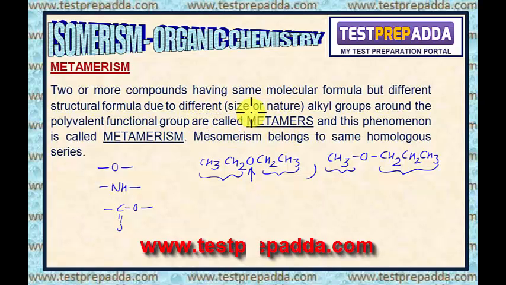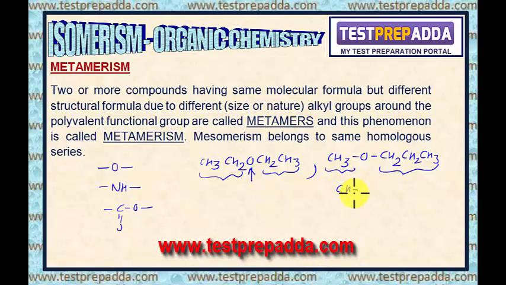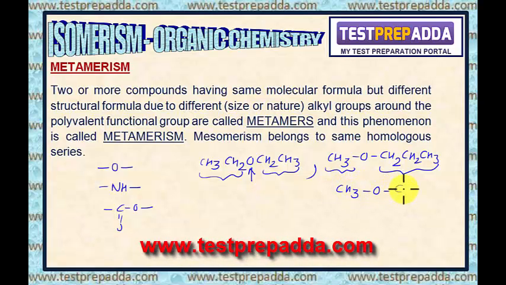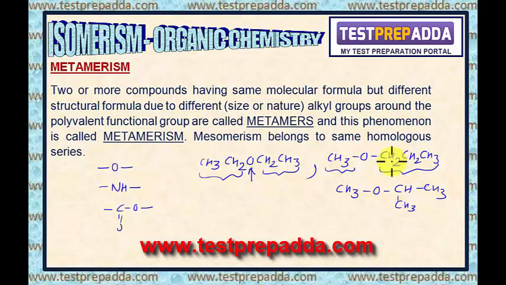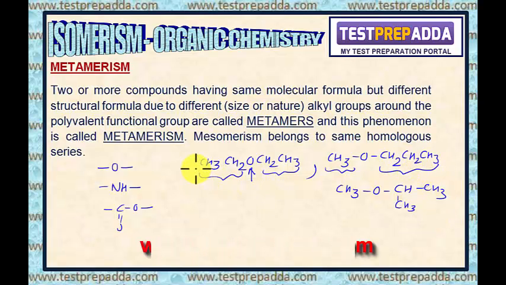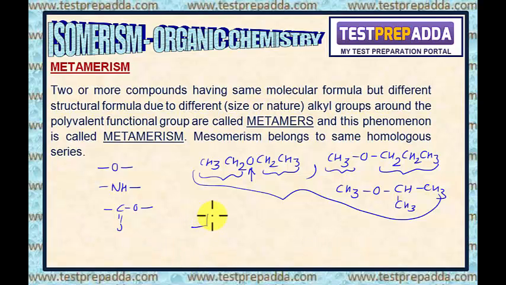Okay, different alkyl groups size wise or nature wise. For example, I can also write CH3OCH(CH3)CH3, isopropyl here in place of normal propyl. So these will be the metamers, examples of metamers. Another example, if I write this, you can see methyl group, methyl group.